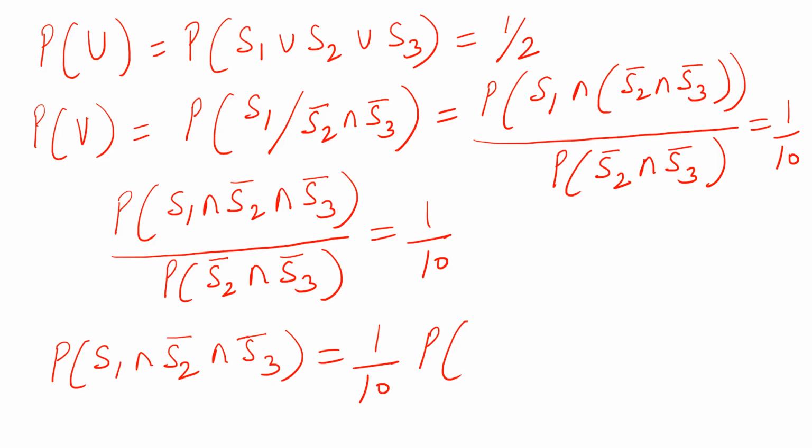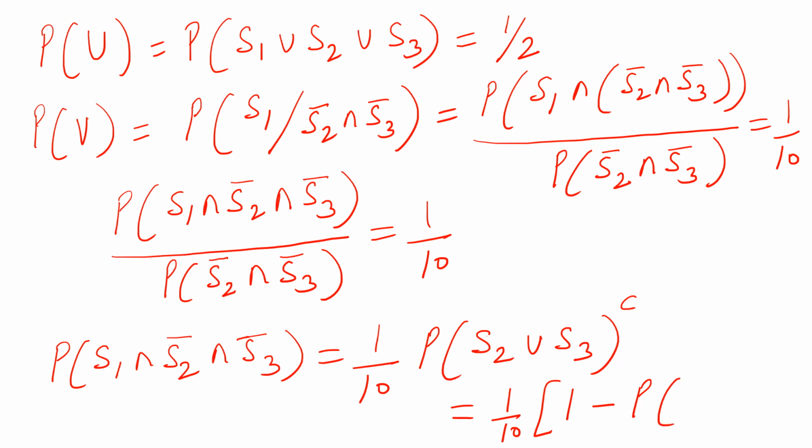Now students, probability of S2 bar intersection S3 bar can further be written as probability of S2 union S3 whole complement. I have used De Morgan's law, and this is further equal to 1 upon 10 into inside the bracket 1 minus probability of S2 union S3. I am calling this equation number 2. Right? Now students, we move further.